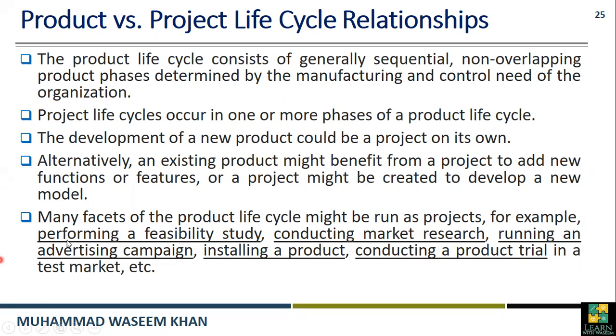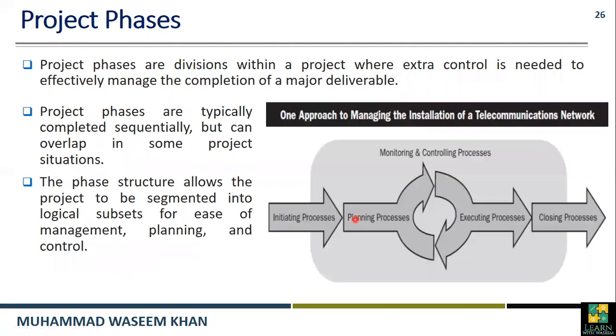And running an advertising campaign for your product can be a separate project. Similarly, installing a product, that means once you have a product and now you are going to install it, is again a separate project. So you can say within the product life cycle we have a number of projects.